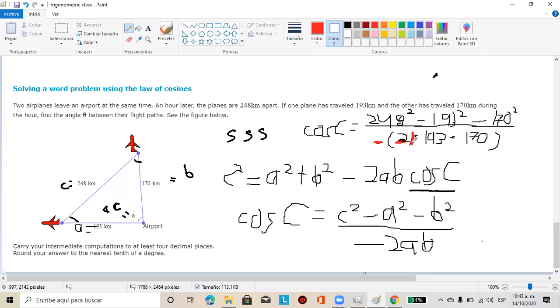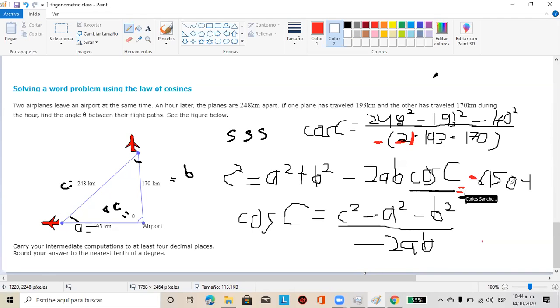So we have to solve all the operations before we can divide. First let's solve the one up there. So 248 squared is equal to 61,504. Negative, then it's always negative.